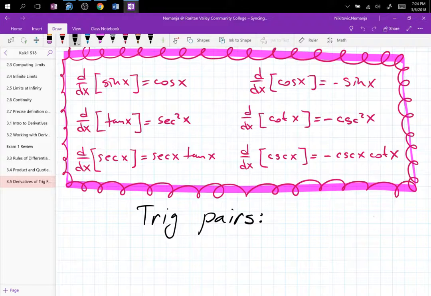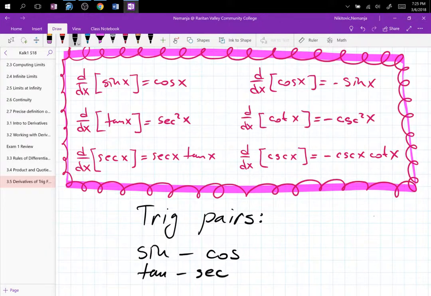Okay, let's go. 1 minute left and then another 10 after that. Yes. Nice. And? No. Sine and cosine? Nope. What's the next pair? Tangent and secant. And?